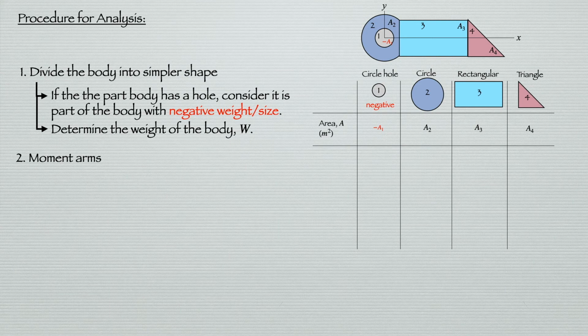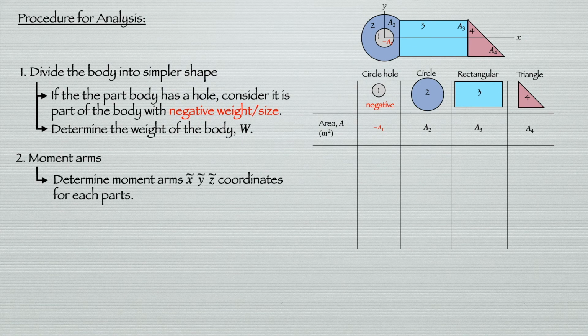Next, we need to determine the moment arms. The moment arms mean the length to the centroid point of each part, so it is the coordinate of X bar, Y bar, Z bar for each part. Here, the moment arm consists of X bar and Y bar.